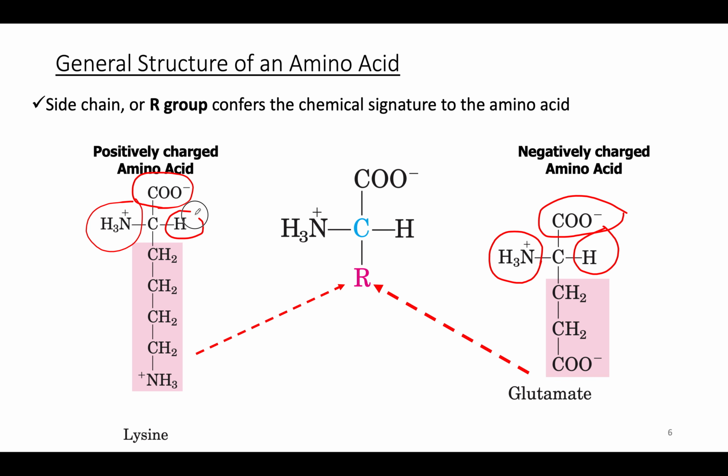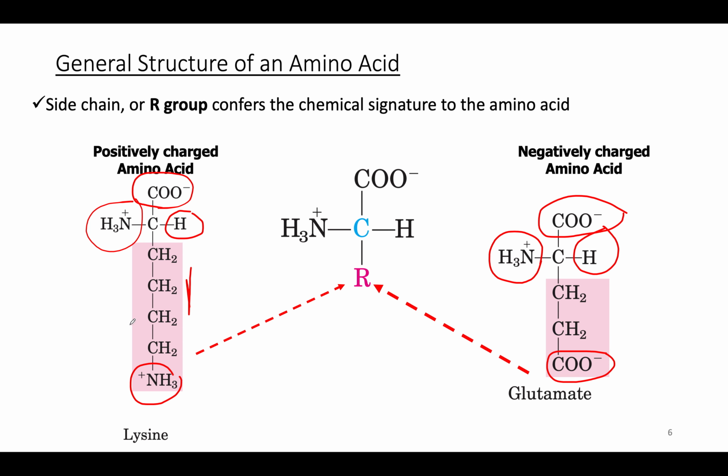But what is unique for lysine and glutamate are their side chains. The side chain of lysine is positively charged, whereas the side chain of glutamate is negatively charged.